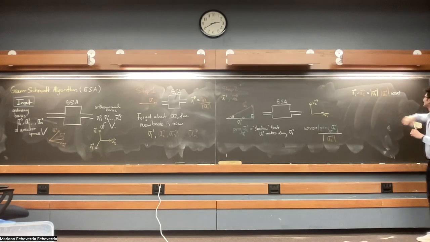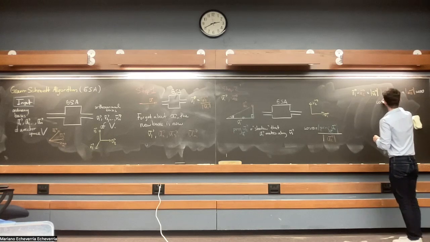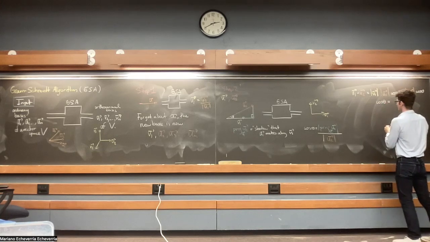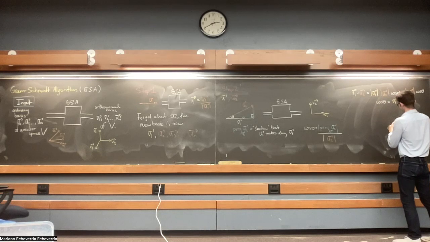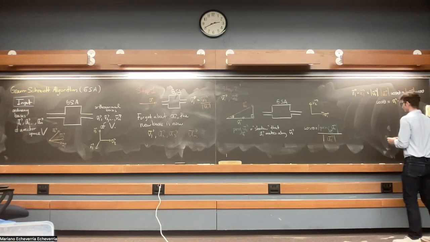So this becomes just u2 cosine of theta. So that means that cosine of theta is v1 dot u2 over the length of u2.